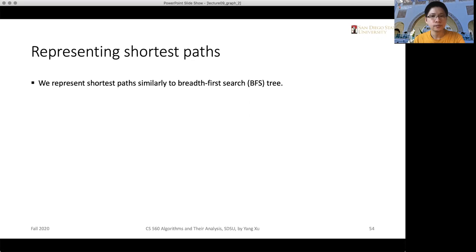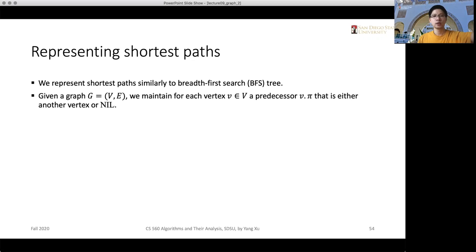Okay. Now here we will talk about how we represent the shortest path. So we will use a similar way as the breadth first search tree, BFS tree. In a BFS tree, we use the number in the vertex to indicate the distance from a target vertex to the source vertex, right?